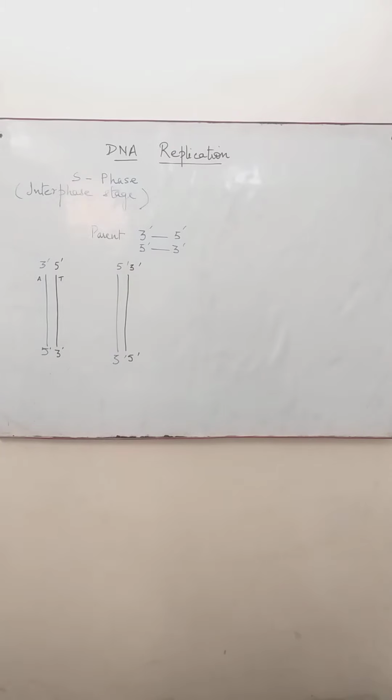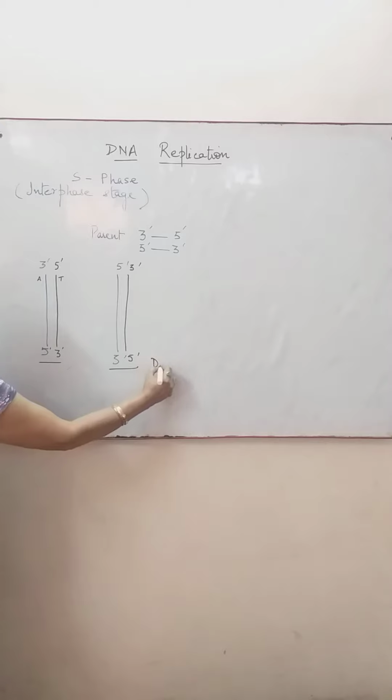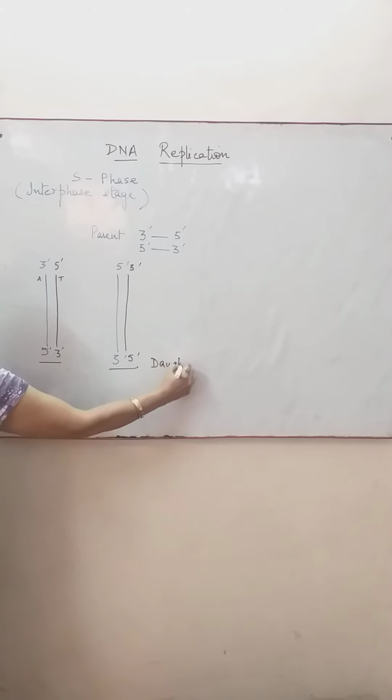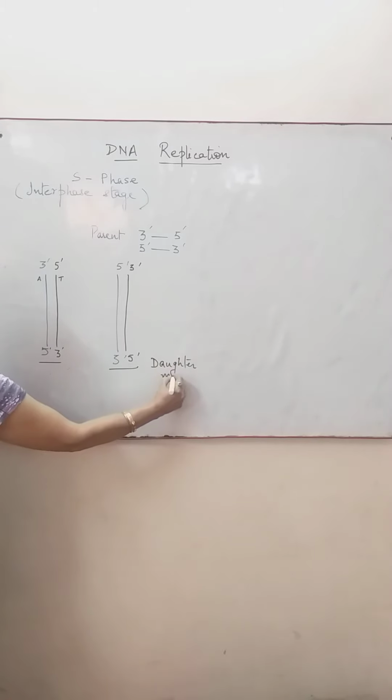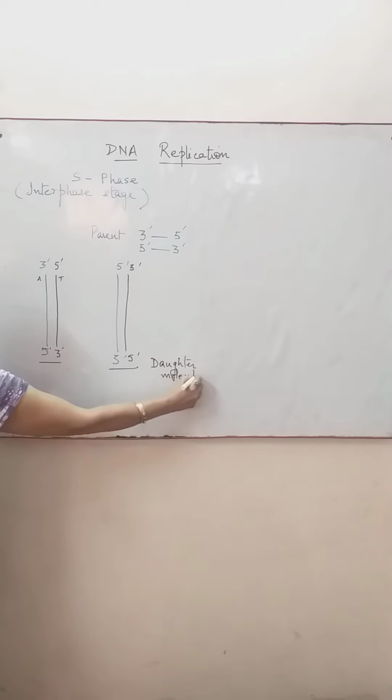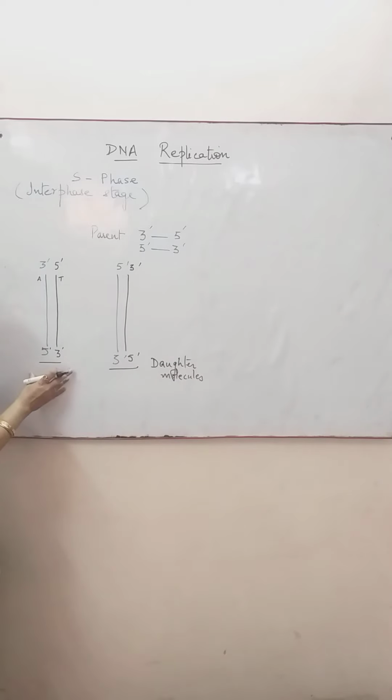Now over here, this is the parent and these are the two daughter molecules. We say daughter molecules over here. Now these two daughter molecules are complementary to the parental strand.